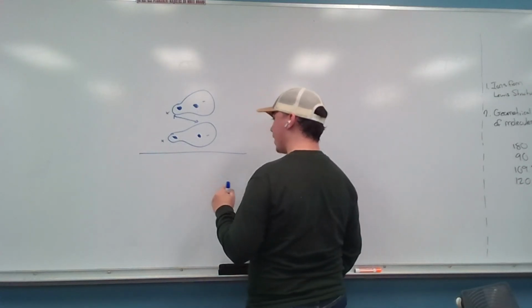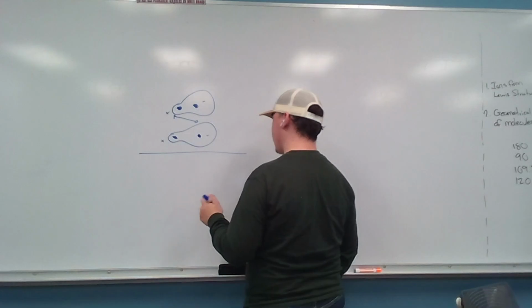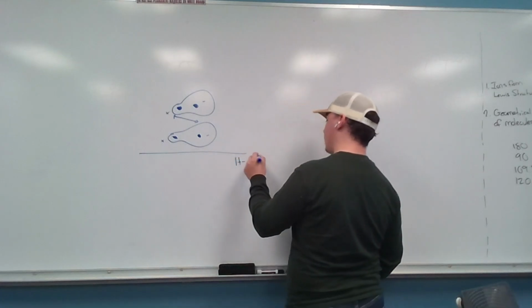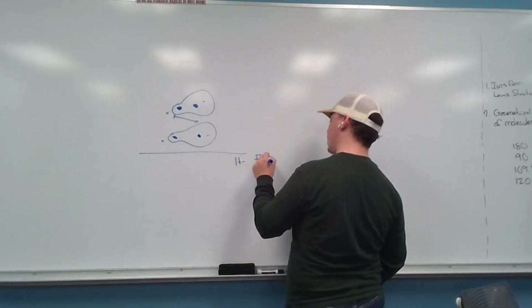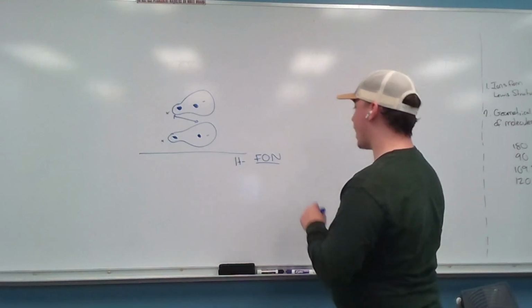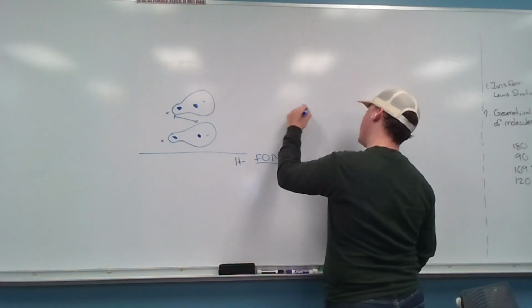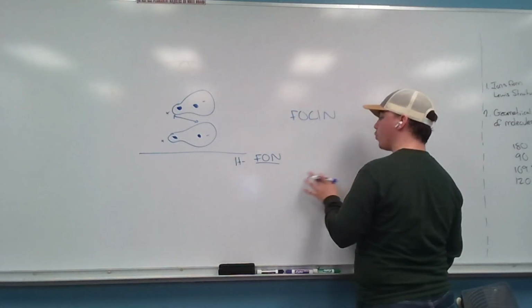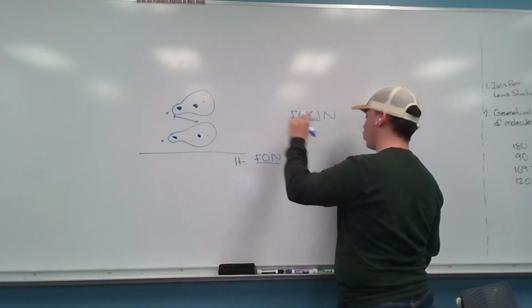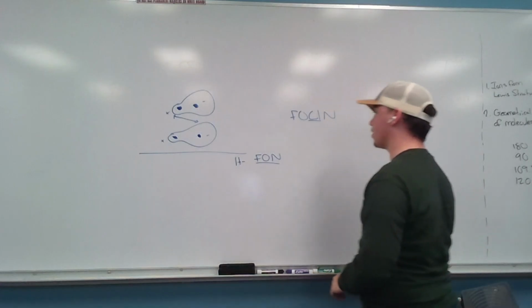There are, I think, only three instances where you can have a hydrogen bond. It's when the hydrogen is bonded to one of three elements: fluorine, oxygen, or nitrogen. If you remember, these are the three most electronegative elements, which I remember by FOCLN. Chlorine is excluded from this because it is a period below, which means it's bigger, so it won't handle this.